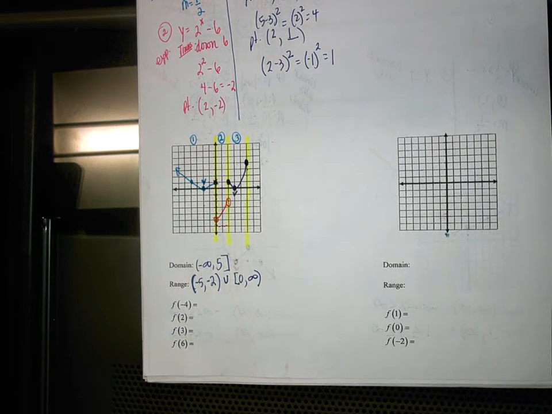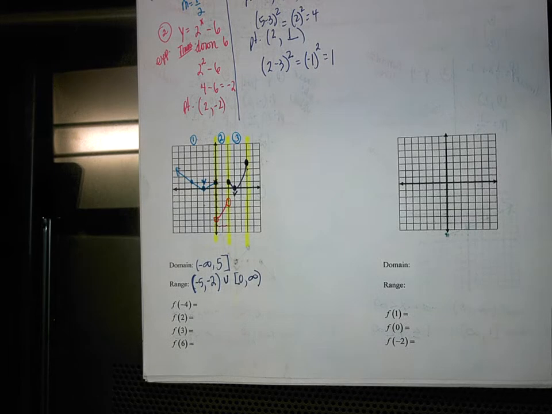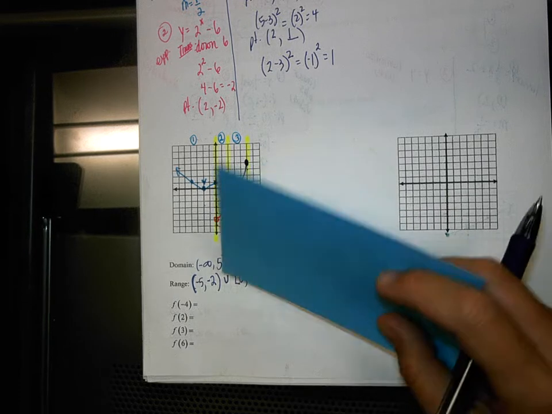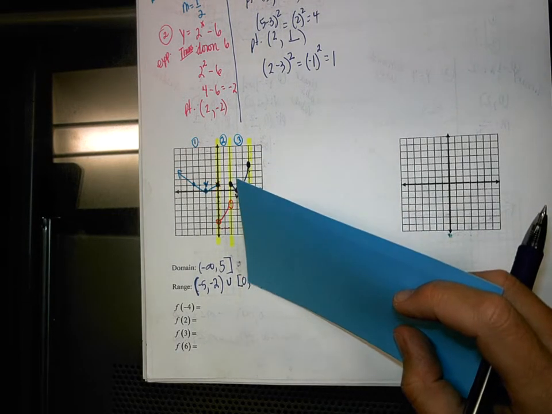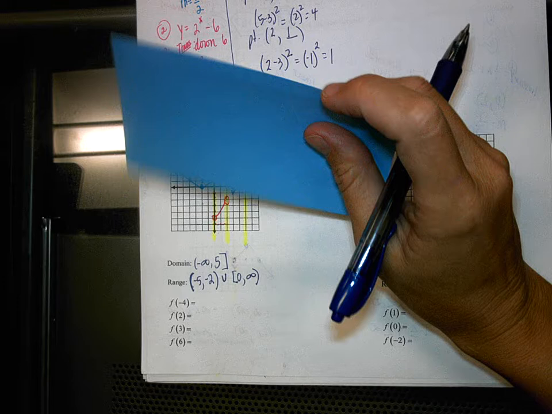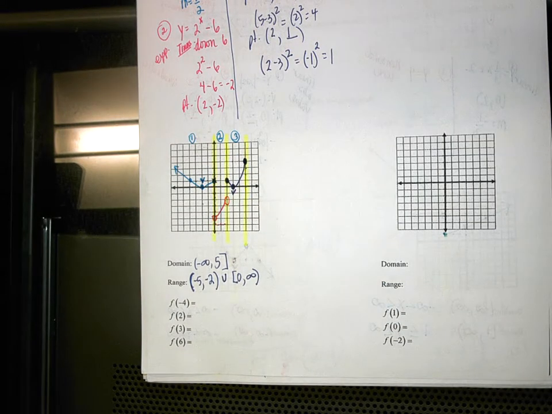Okay, any questions there? Yes? After each blue ring, shouldn't we put like negative 2 zeros? Normally, that happens a lot of the time.